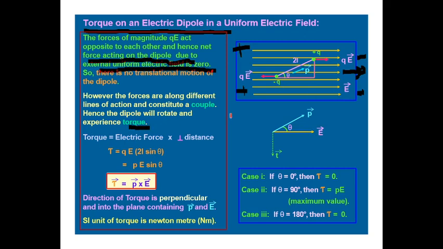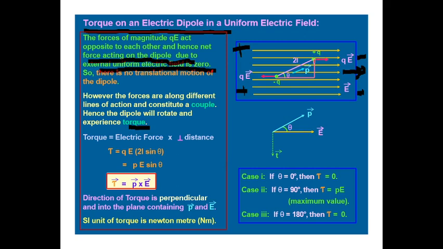So what is the torque? Torque is the electric force into the perpendicular distance. The electric field is along this direction. This is the dipole moment, from negative charge to positive charge, and this is the torque. Torque equals electric force, which is Q into E, times the perpendicular distance.